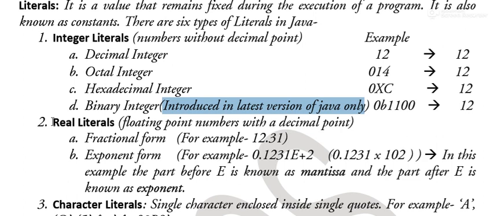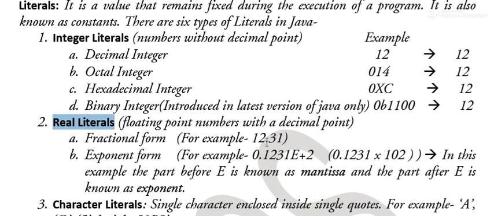Next, real literals. Real literals are the numbers with floating point or decimal point. It can be represented in two forms, fractional form or exponent form.